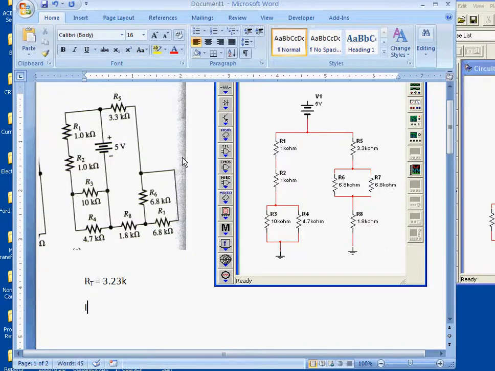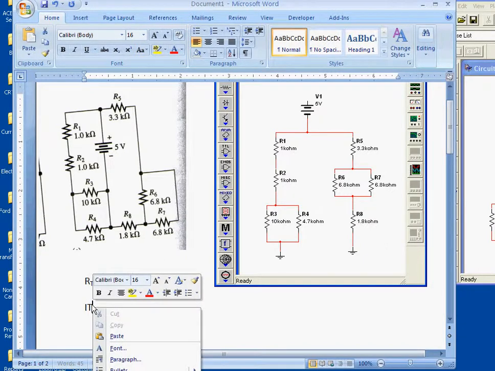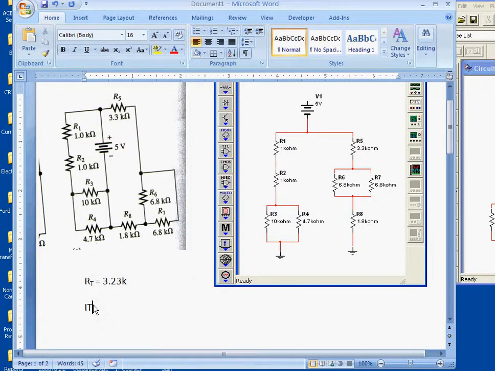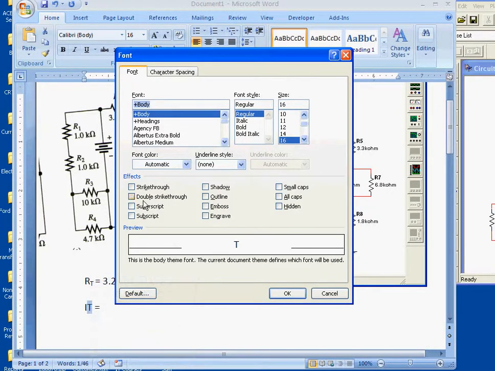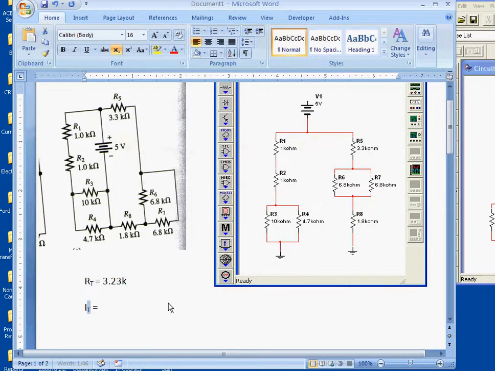So current is going to be equal to voltage over resistance.